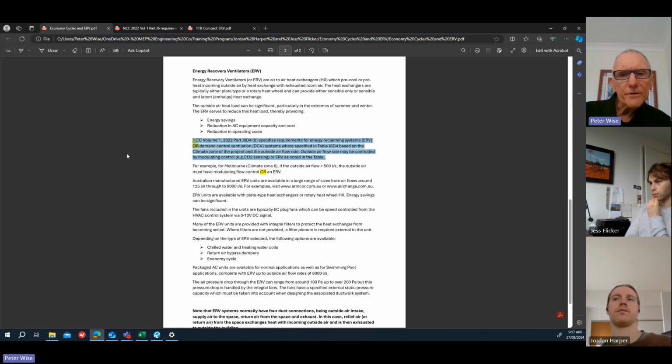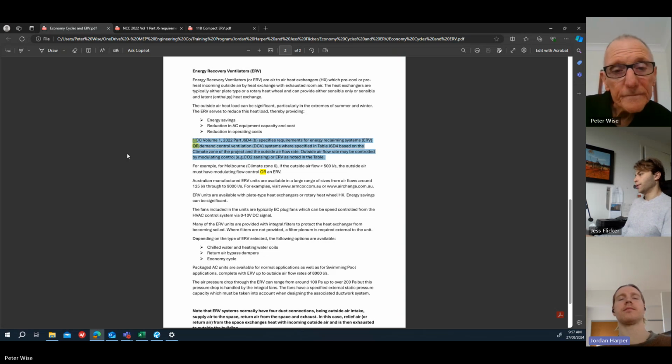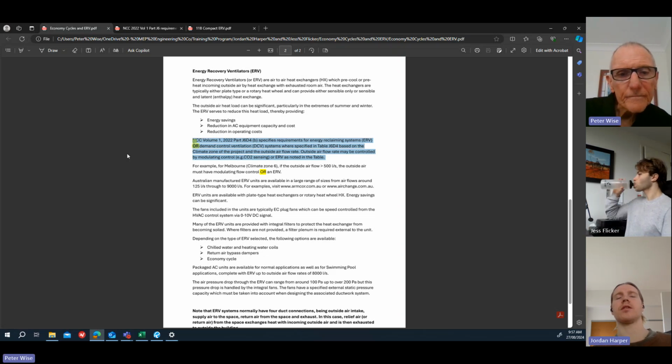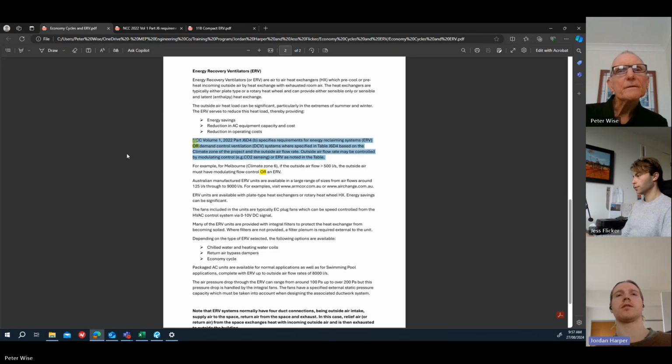So have you come across CO2 sensing at this point? I've heard of it. I've just seen it in drafting, on drawings. Revit and drawings, yeah.